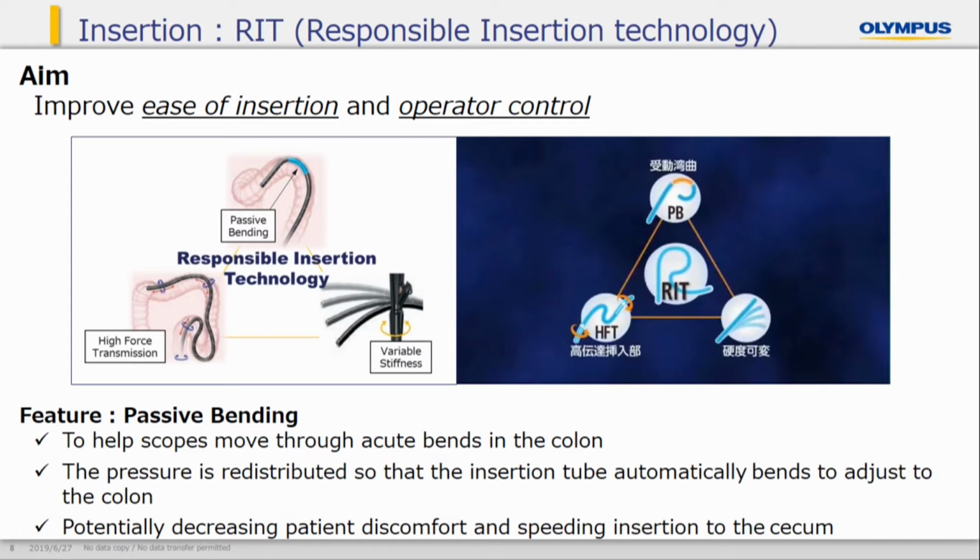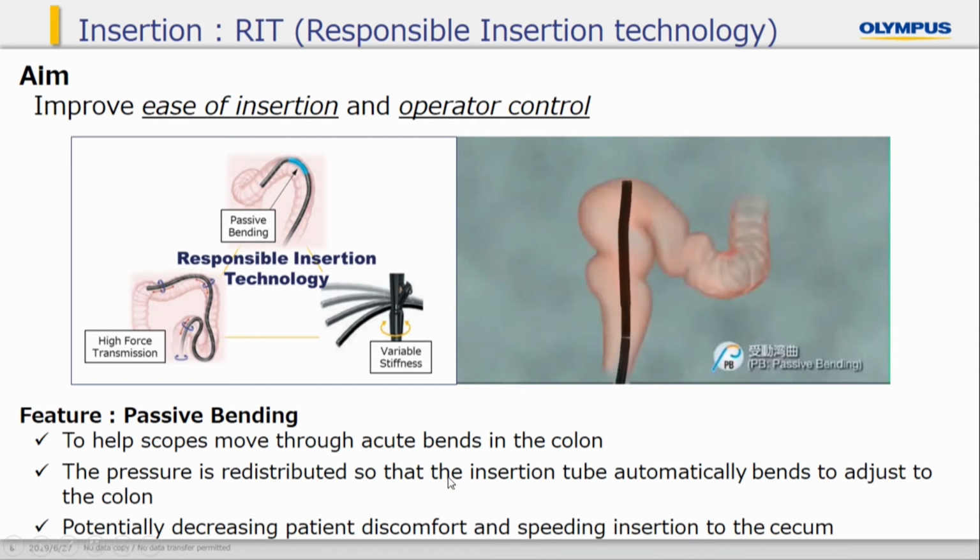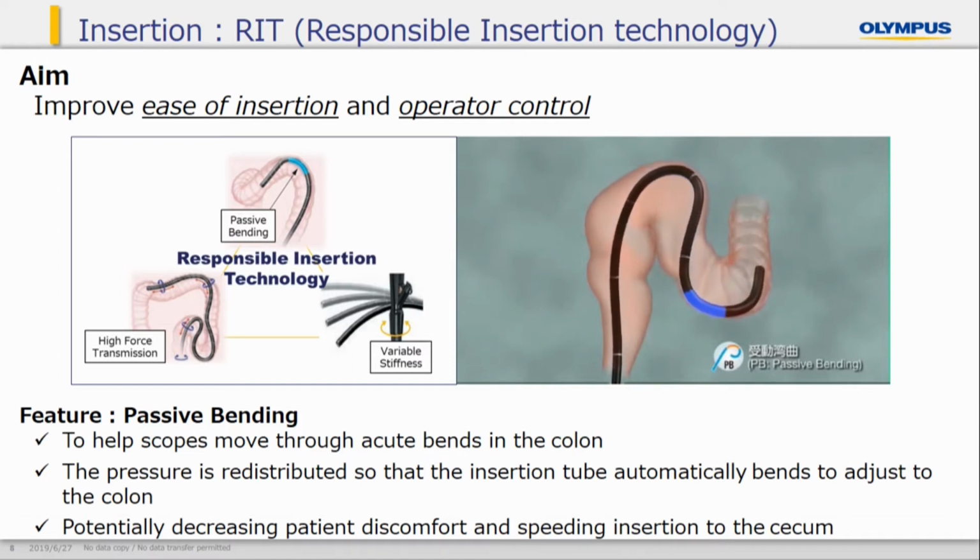About the passive bending, which is to help the scope move through the acute bend in the colon. Please look at this movie. The pressure is distributed so that the insertion tube automatically bends to adjust to the colon. So this is the function of the passive bending.